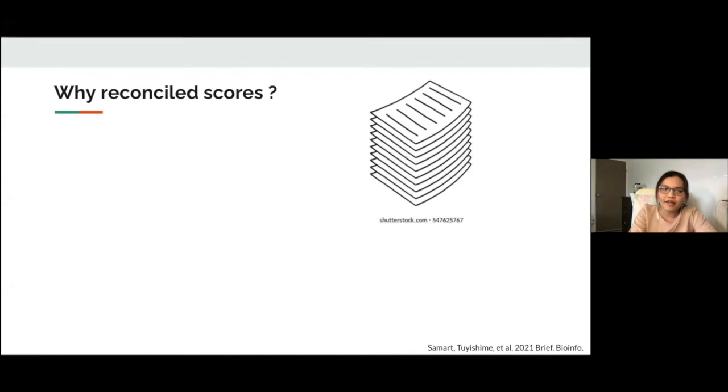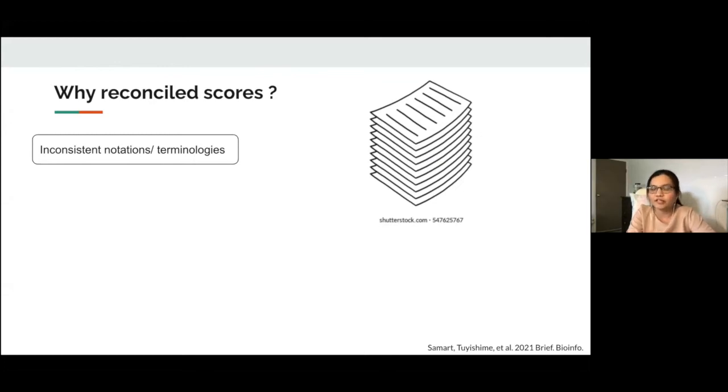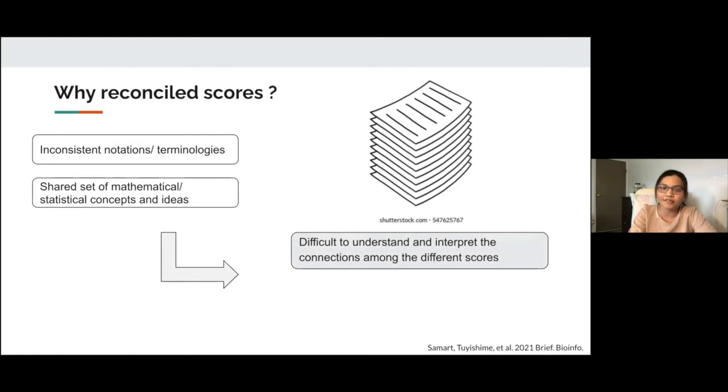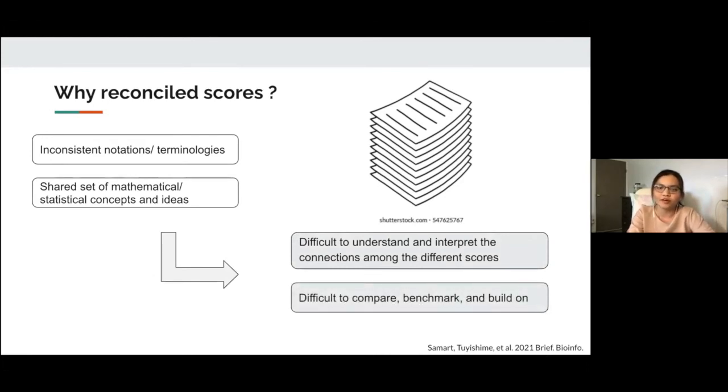Then we found an issue with the studies proposed in the past 15 years: they have described all the methods using inconsistent notation and terminologies, although they share a set of mathematical and statistical concepts and ideas. This makes it very hard for us to interpret and understand the connections among the different scores. It also makes it very difficult for us to compare, benchmark, and build on the existing methods.